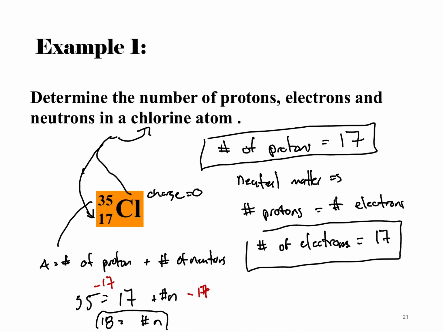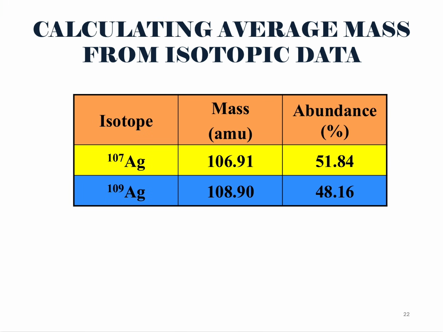And so if we were to calculate the average mass from the isotopic data, and that means that we had something like the abundance available to us and the relative mass of the isotope, the relative, this was abundance.